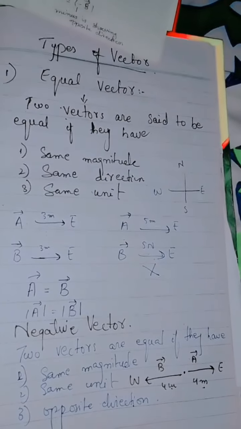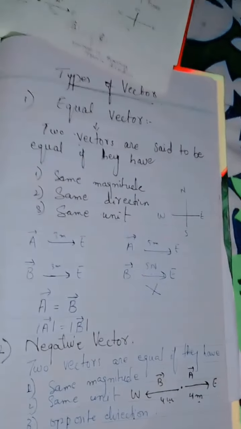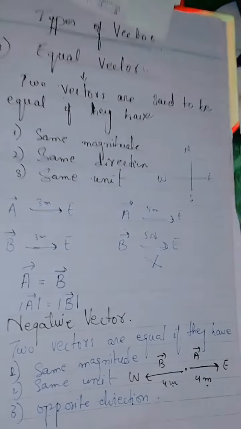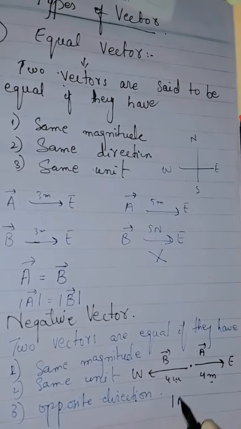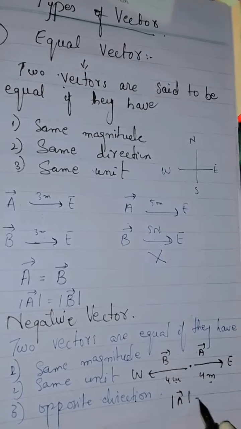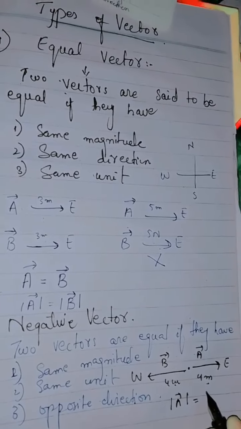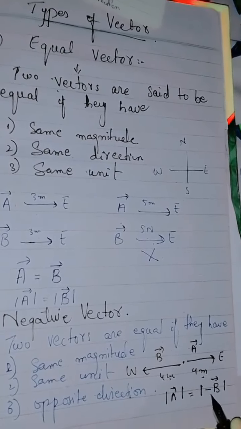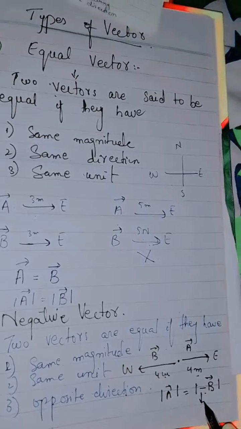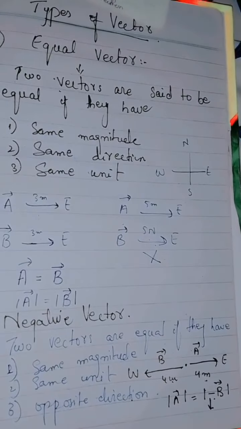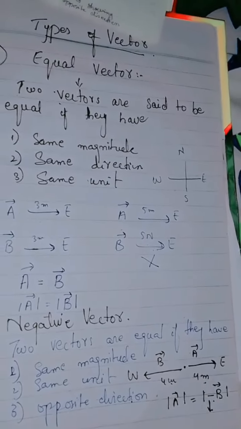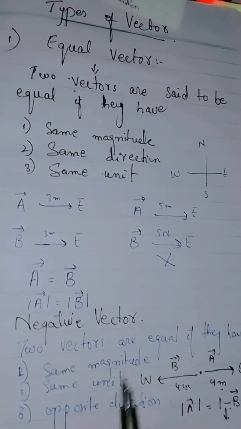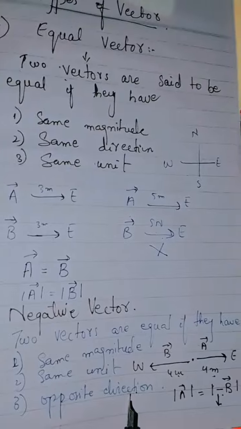One vector is of east direction and the second is of west direction. We can write that the magnitude of vector A is equal to the magnitude of vector B but with a negative sign. This minus sign shows that the directions are opposite.